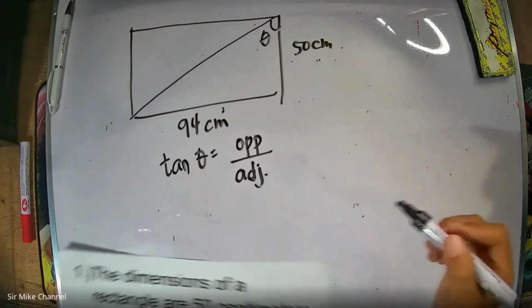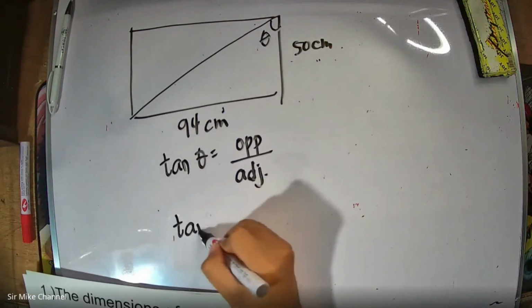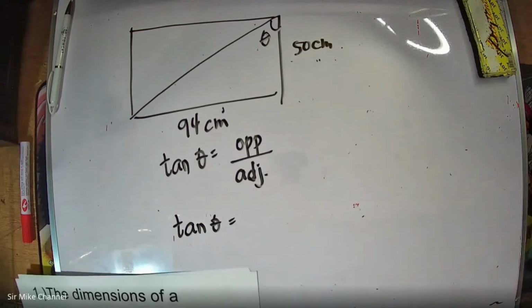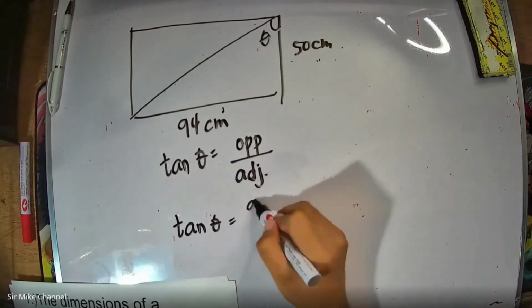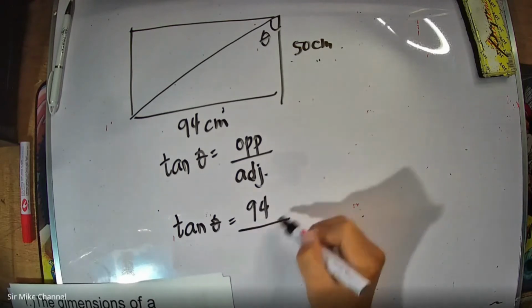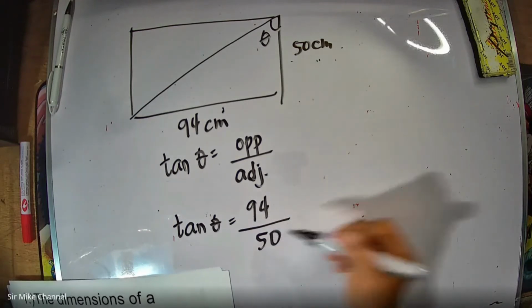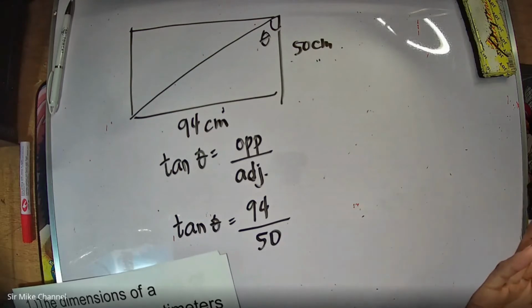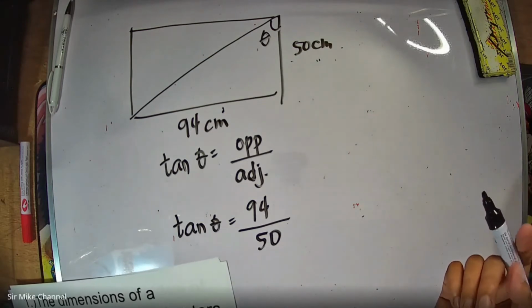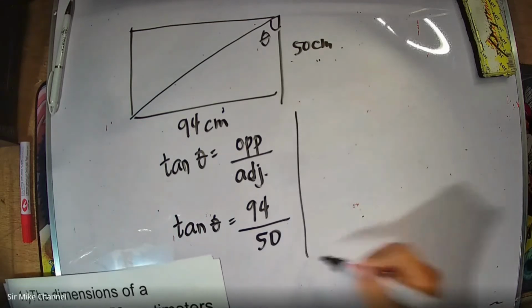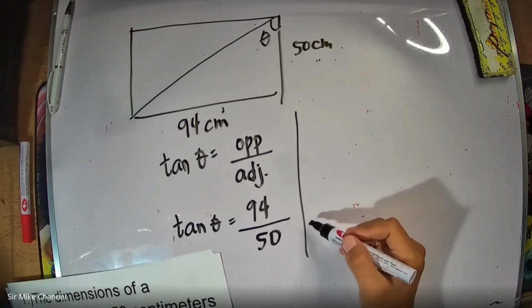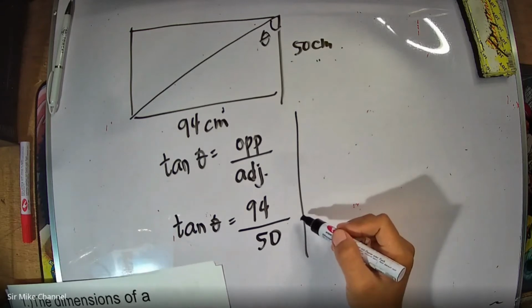So tangent theta, our opposite is 94 divided by 50. To solve that, we use the calculator.